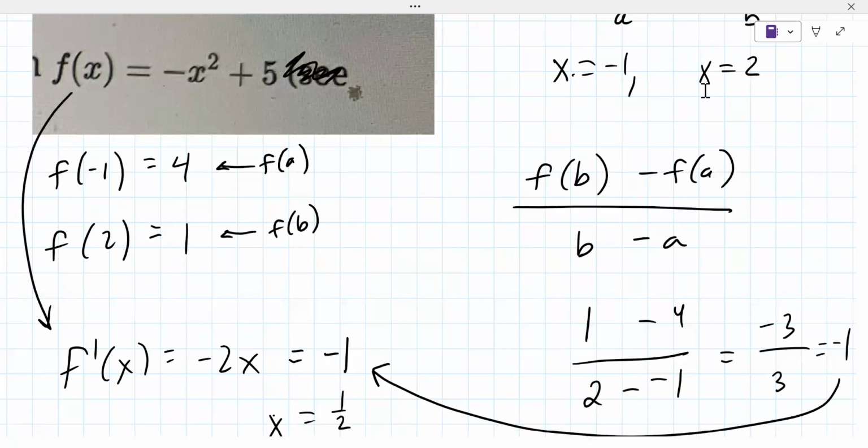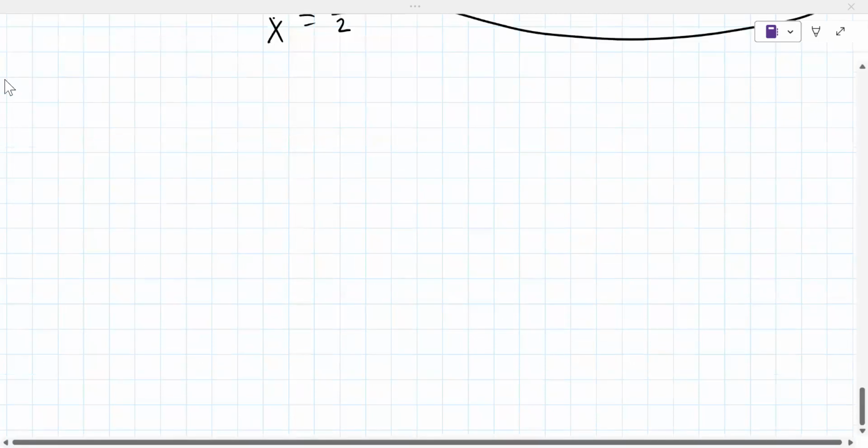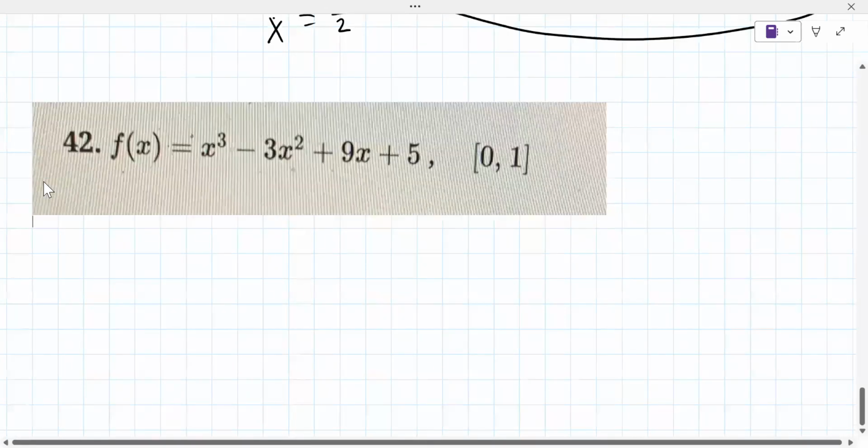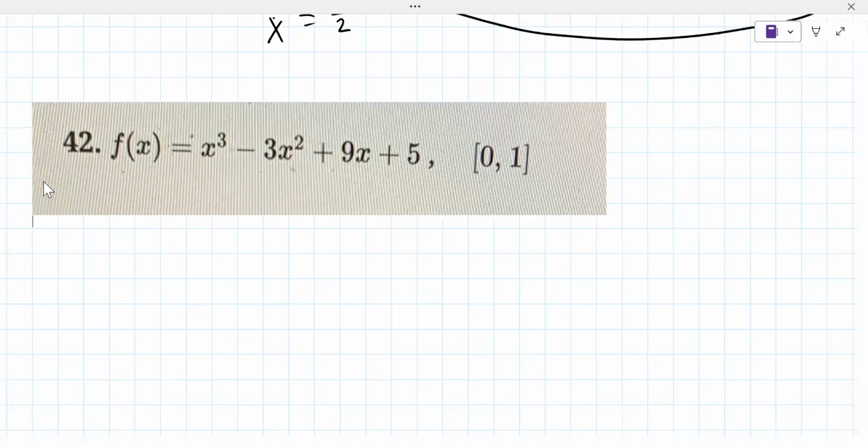We do 42. Okay, so you're supposed to check all the boxes.